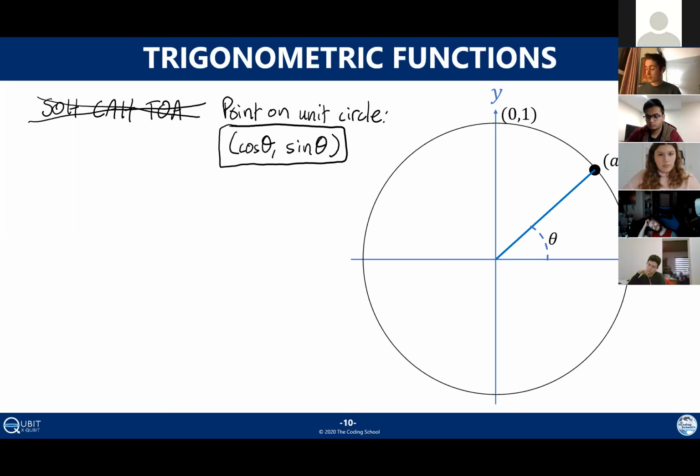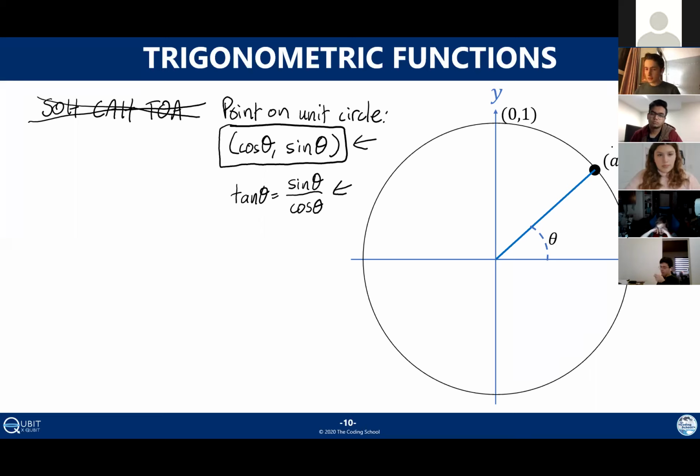Now, the final one is tan. And for this one, we're again just going to have a definition that tan theta will always be equal to sine theta over cos theta. That's something you just have to memorize, I guess. But the main point here is that whenever you know the coordinates of a point on a circle, you know cos theta, sine theta. And so you can just plug it into this formula for tan, and you'll always be able to find tan theta as well.